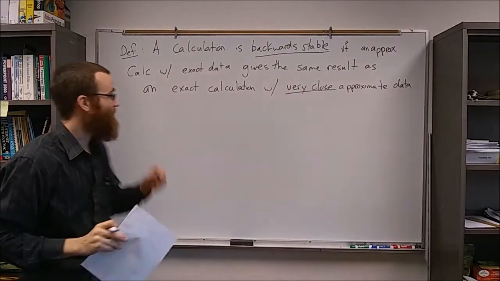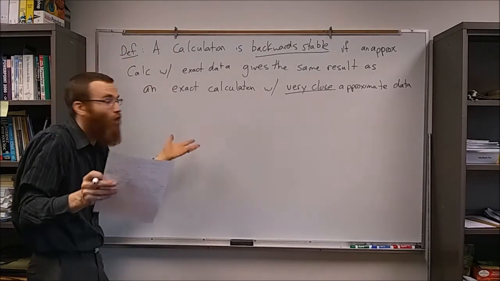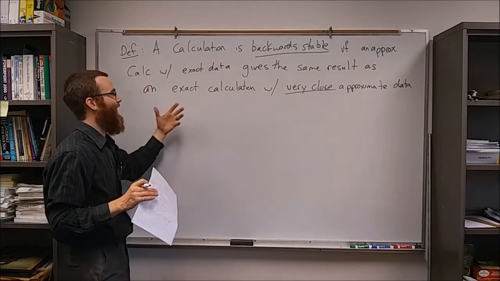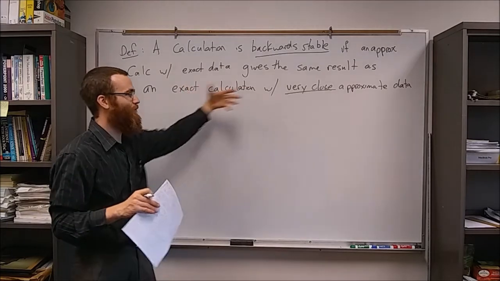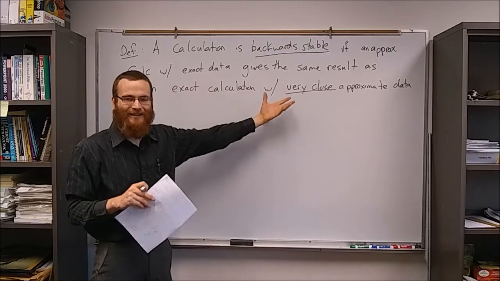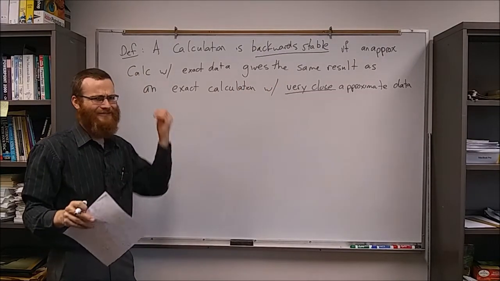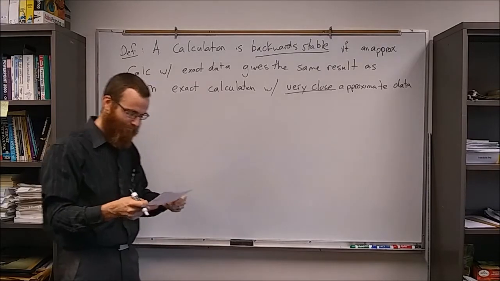So in other words, if we have a calculation, we can always think of it as an exact calculation with approximate data. But in addition, we want the approximate data to be very close to the original data that we plugged in, just for it to make sense, really.